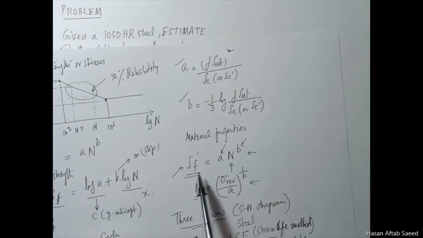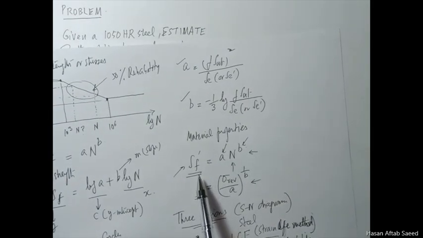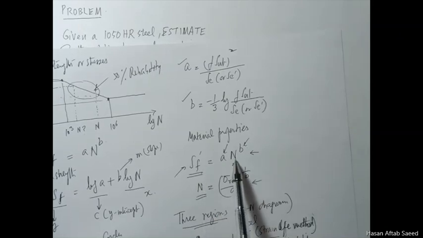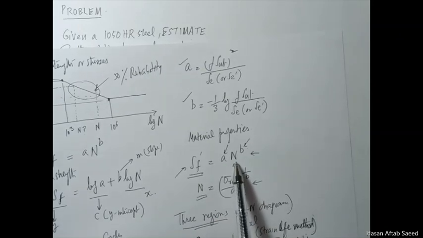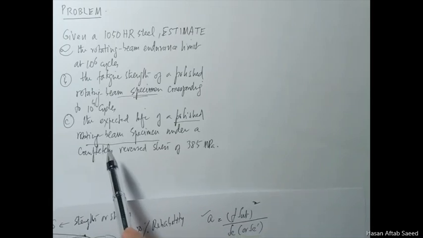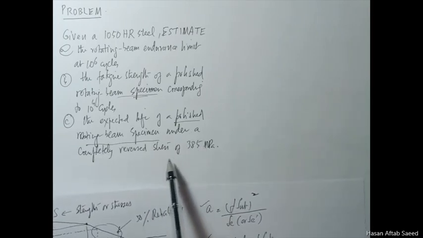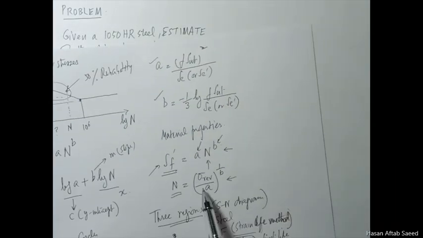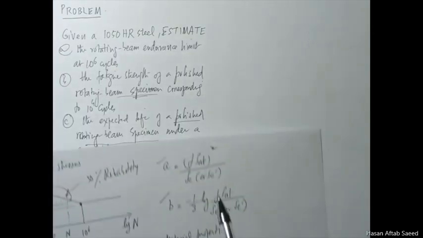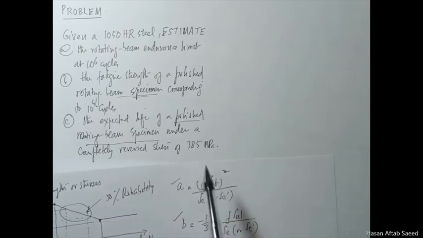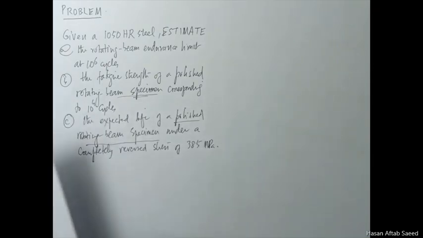What amount of completely reversed stress can we apply for our specimen to last up to n revolutions? And part C is the opposite of that, the expected life of a polished rotating beam specimen. The stress is given now, so here we'll use this one. For a completely reversed stress of 385 MPa, how many cycles should we expect this to last?